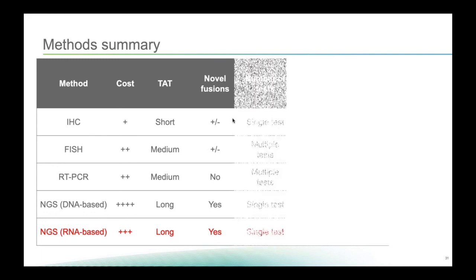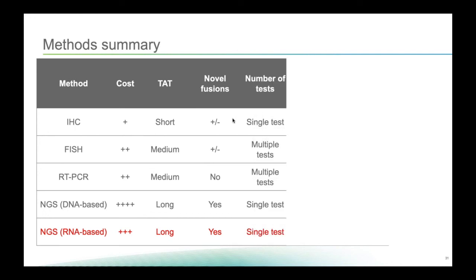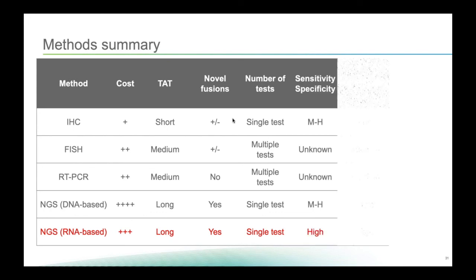When we talk about novel fusions, it's mostly NGS that can detect the partners, but the others cannot, especially immunohistochemistry and real-time PCR. When we talk about multiplicity, or number of tests in one reaction, then NGS is the winner. We need only 1 test to pick all the partners, as well as the immunohistochemistry, not the case with real-time PCR or FISH. Sensitivity and specificity, I think it's very clear that RNA NGS is the best and the most sensitive method. Immunohistochemistry is medium to a little bit high.